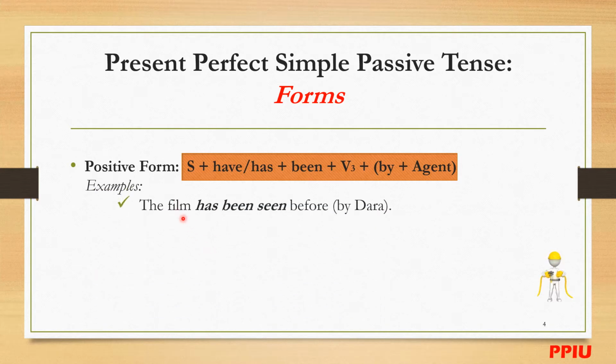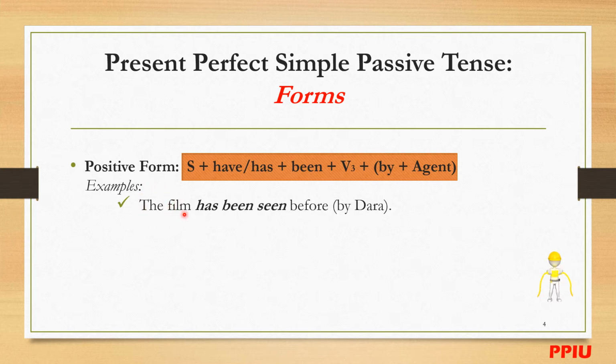I just raised up the example that is more or less the same as what we learned last week. So, the film has been seen before by Dara. Okay, so by Dara here is not really important, so I put it in brackets. It can be left out as well. So the film is the subject, it has been seen, right?